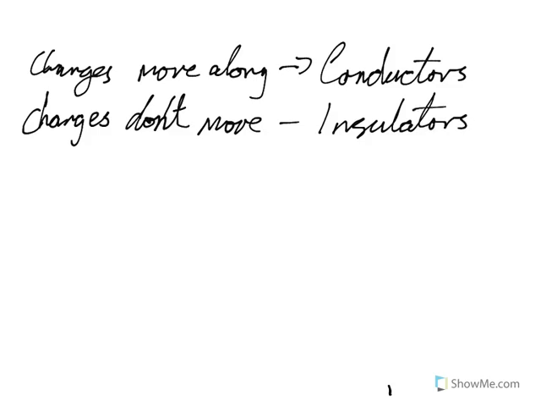Alright, so things that would be conductors are like wires, copper, that sort of stuff. And insulators, things like glass. Alright, so that's all those dot points there.